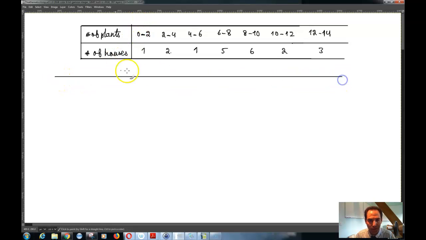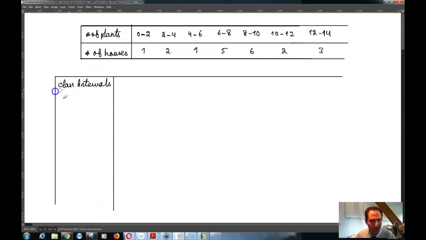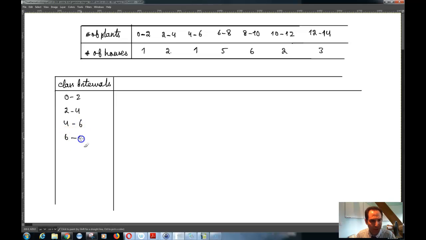So you can specify your class intervals here, so you can call this your class intervals, and then you can write all of your class intervals over here. For example, 0 to 2, 2 to 4, 4 to 6, 6 to 8, 8 to 10, and 10 to 12, and then you have 12 to 14.